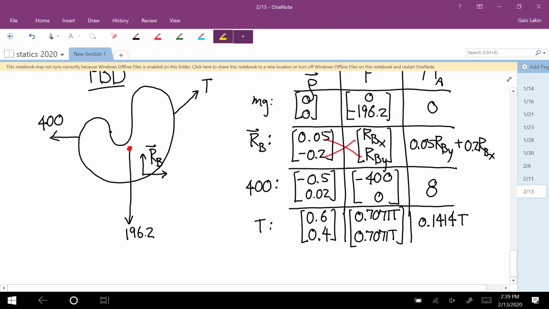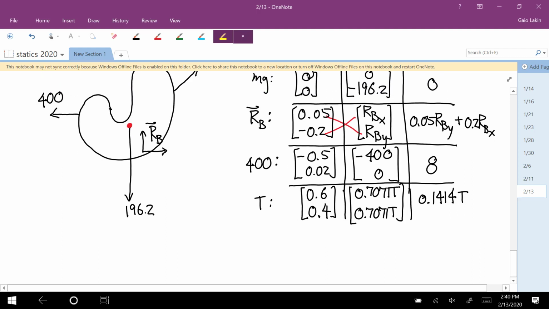Okay, so now everything in the force column goes in Newton's second law. Everything in the moment column goes in the rotational equation.